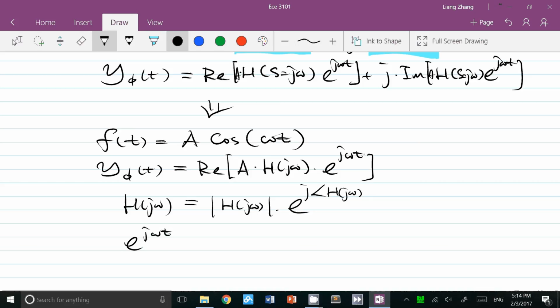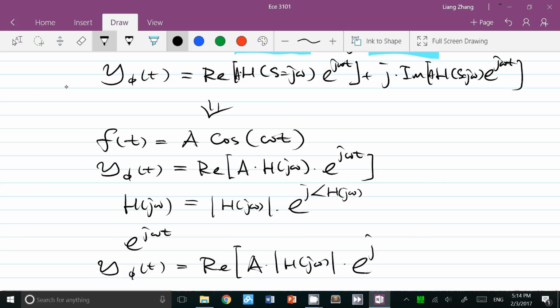The second one can remain by itself, such that the forced response in this case, if we only focus on the real part, will be A times the absolute value of H of j omega times e to the j omega t plus the angle of H of j omega.